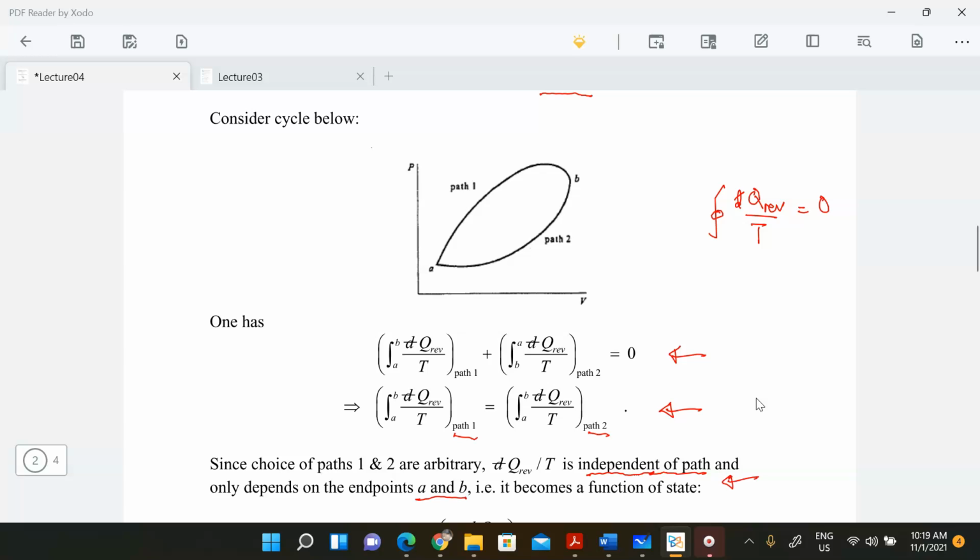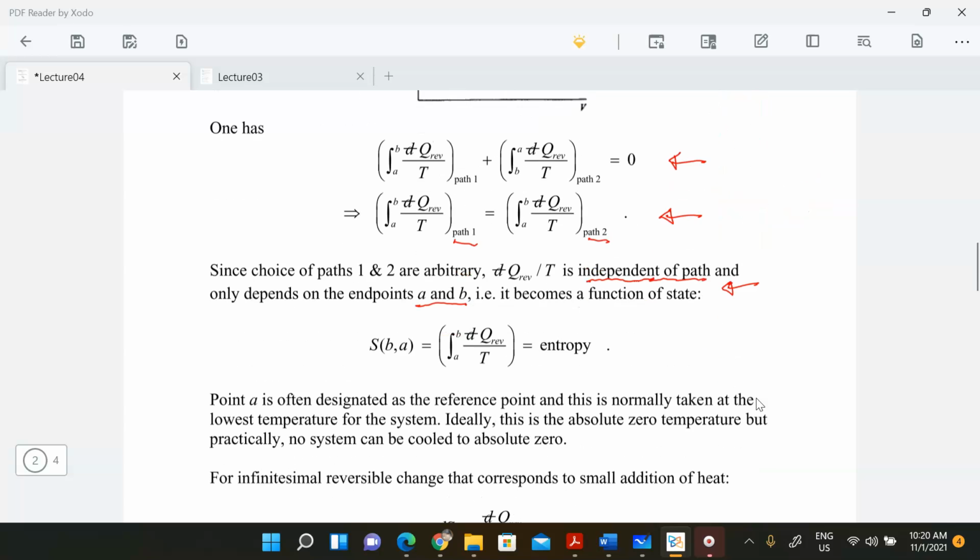Then these endpoints will be your state variables, and the integral itself is going to be a function of the states. And we have seen this actually before. So in other words, we define this to be what is known as the entropy. Usually the lower limit is going to be some reference point.